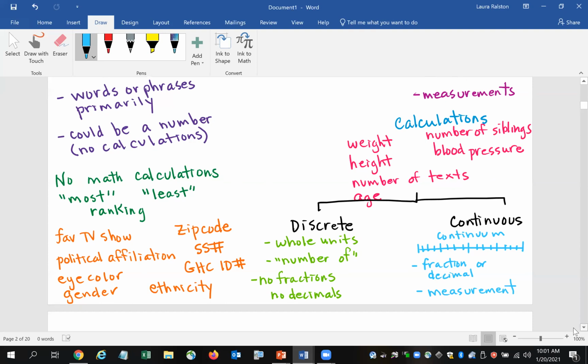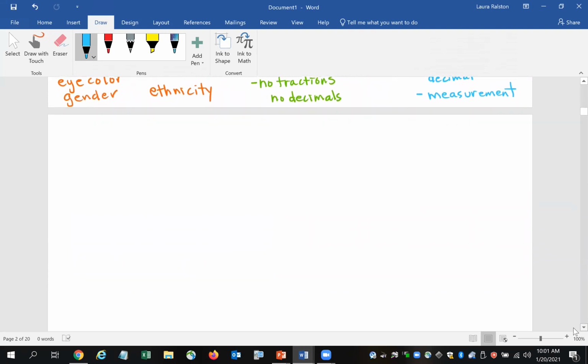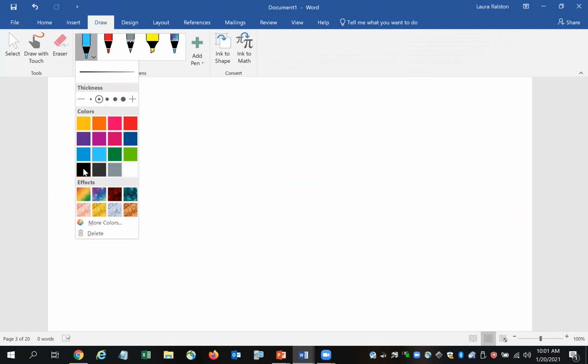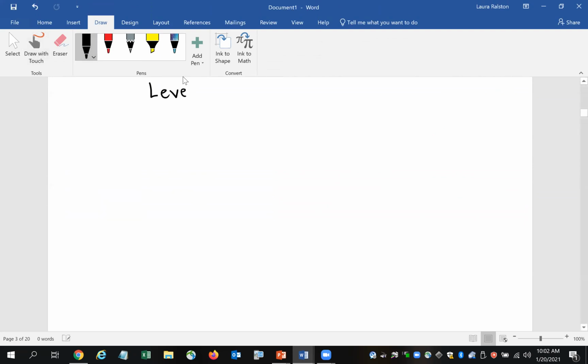Okay, the levels of measurement. And again, there is some connection here, and I'll try to show it to you as we go. For levels of measurement, I want you to think about a set of steps or stairs. We're still talking about how to classify data, but we're going to talk about it in terms of the level of measurement. And there are actually 4 of these.